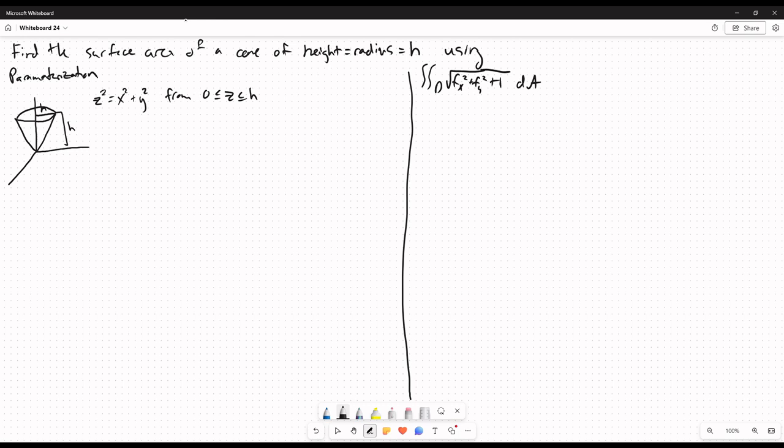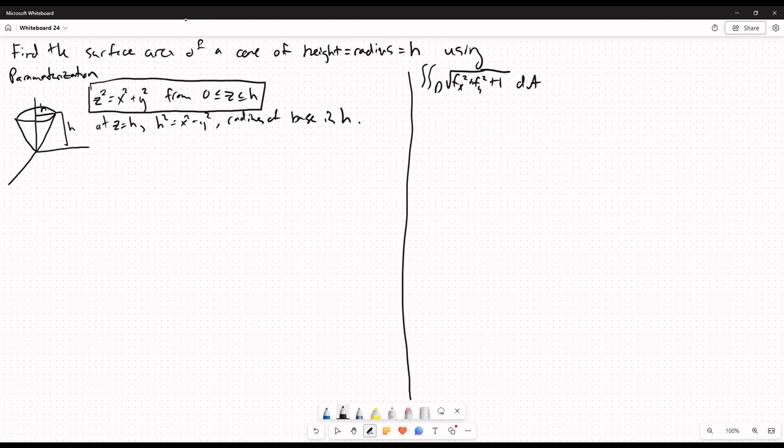So that will clearly give us a height of h, and if you think about what happens when you let z equal h, then at z equals h, you get h squared equals x squared plus y squared, and the radius of the base is h. So that does the job. That's all we really need to focus on.